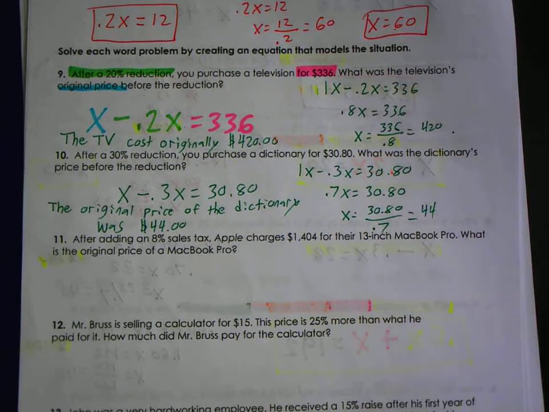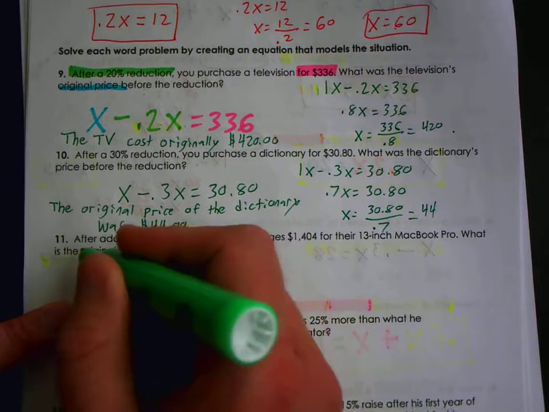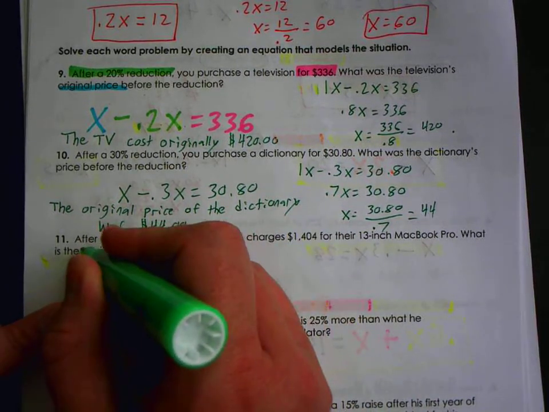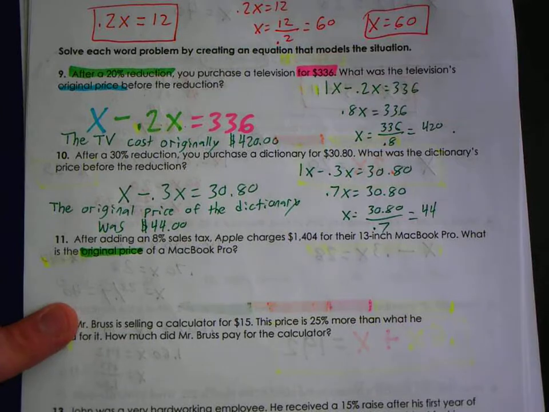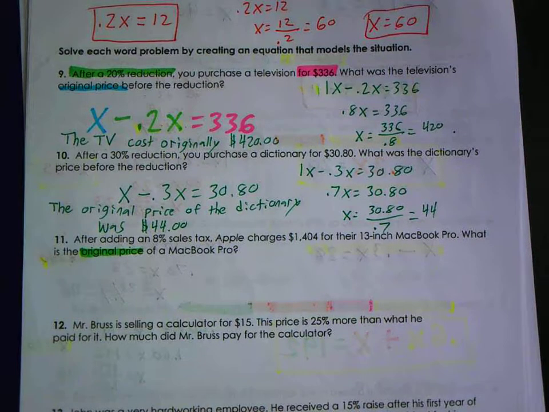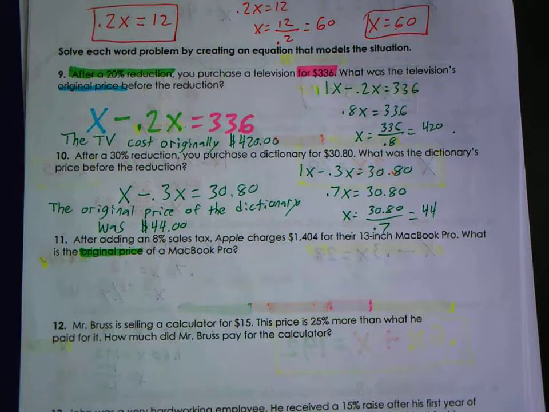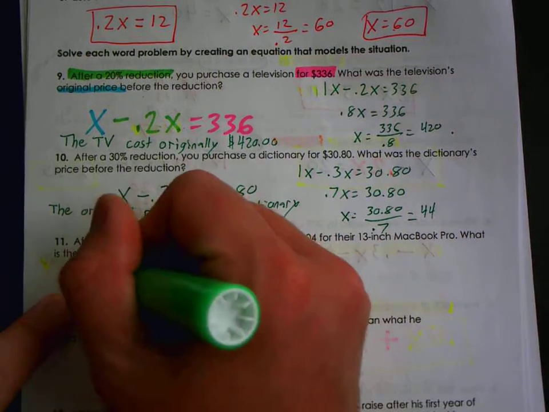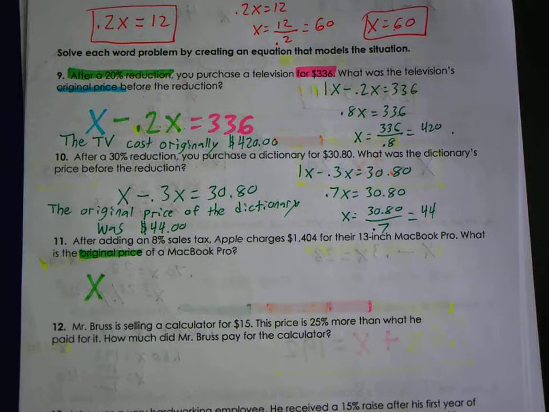So after adding an 8% sales tax, well, first let the original price, which we're trying to find, be X. And it's a MacBook Pro. So you're going to pay the original price, we don't know how much, but you're going to add on an 8% sales tax.